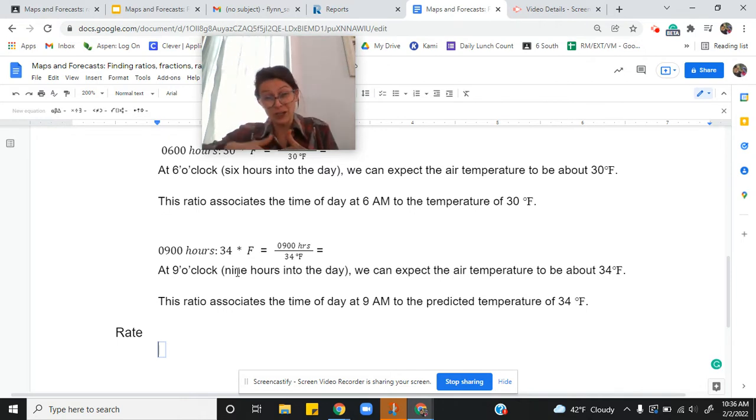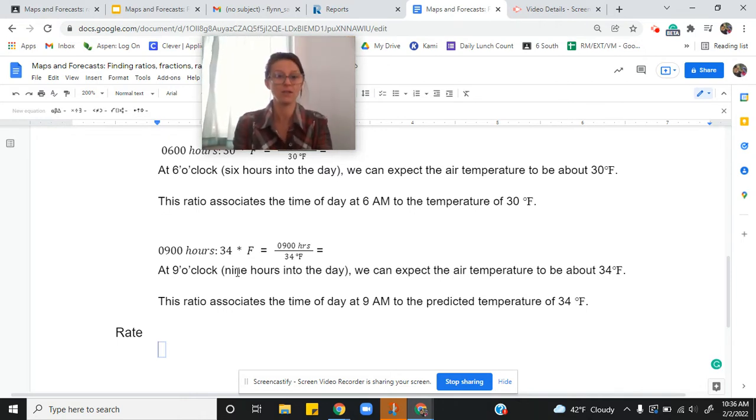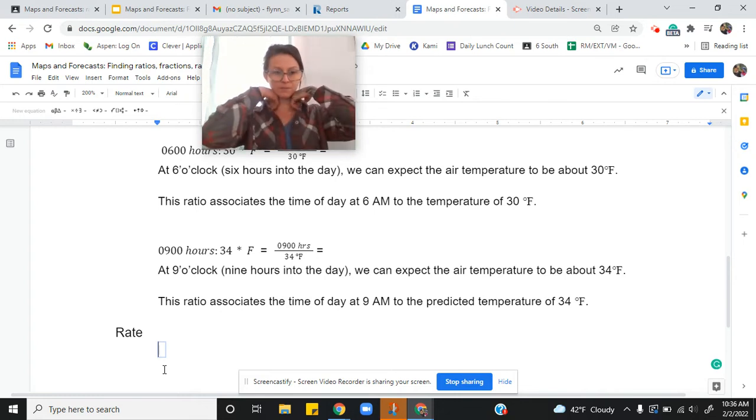The next moment it could increase 400 degrees. It wouldn't, but it could. From single moments in time, we have no ability to guess what's in between. When we take two moments in time, then we can start looking at what's in between. So it's like locations and then how do they connect? So the rate is the connection between ratios almost.